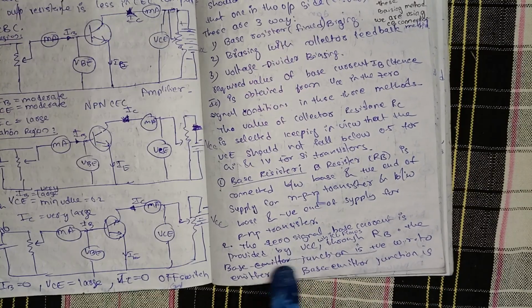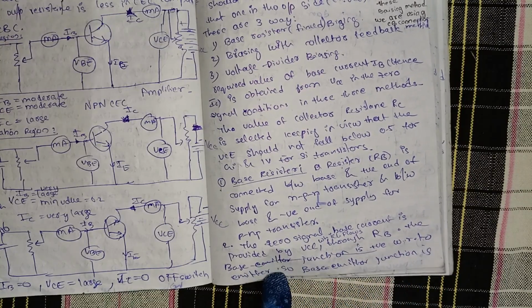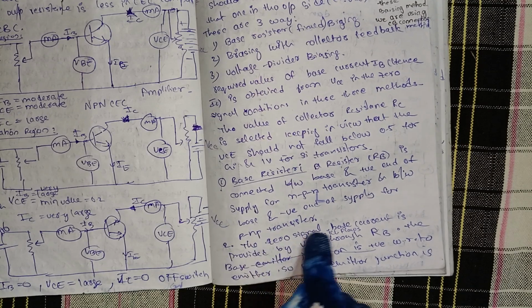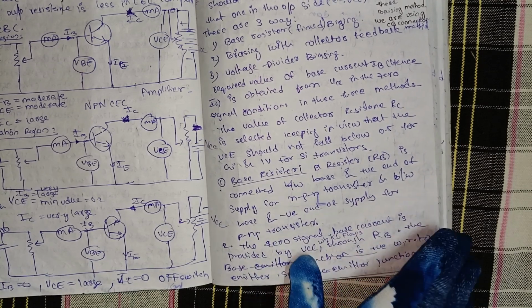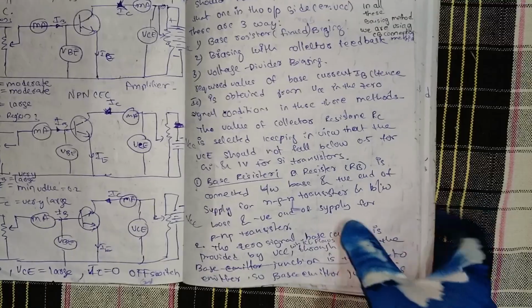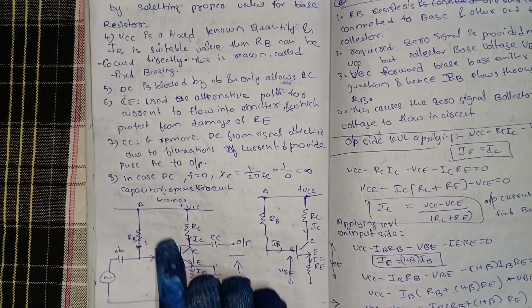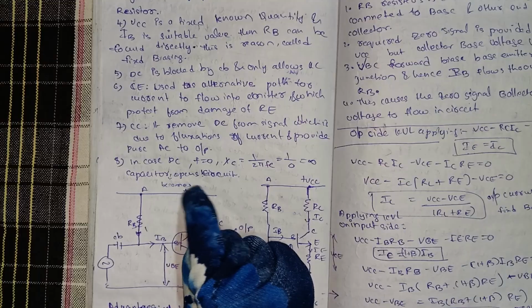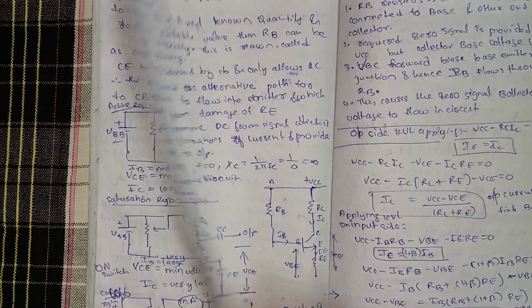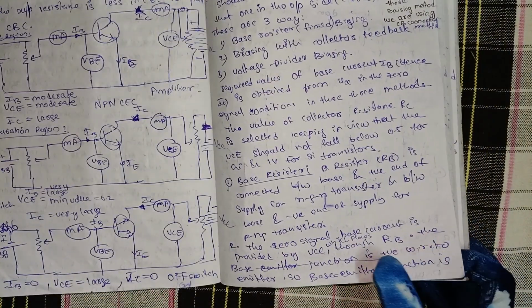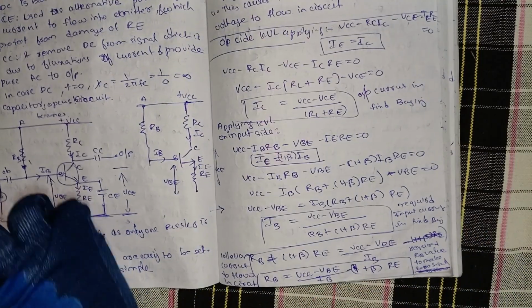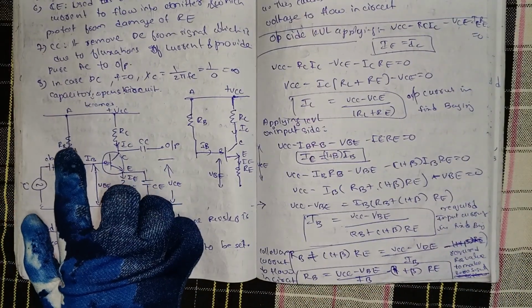The base-emitter junction is positive with respect to the emitter. So the zero signal base current is provided by VCC and flows through RB, meaning it flows from here.